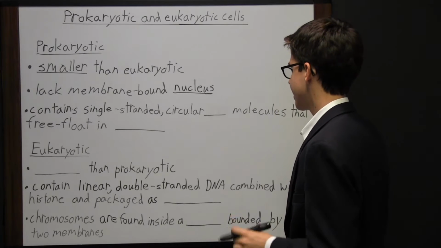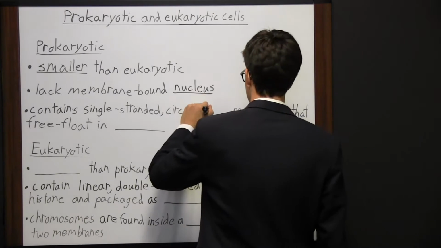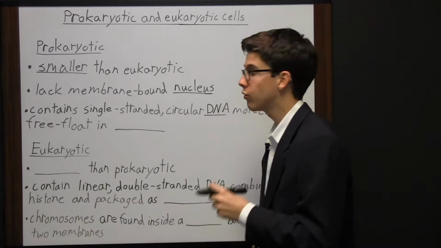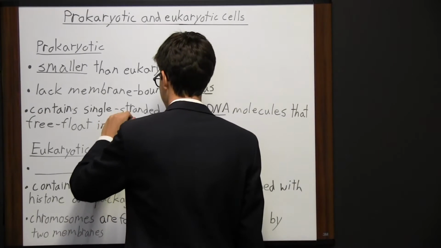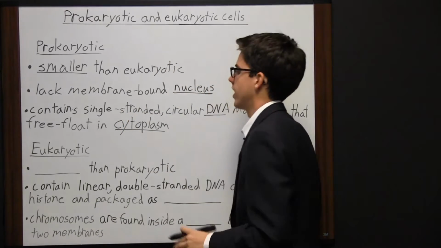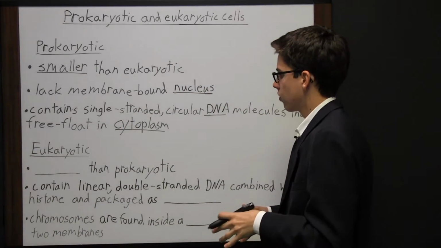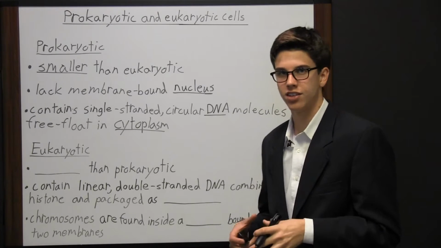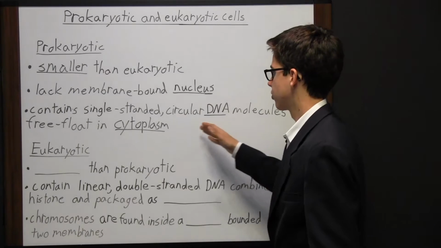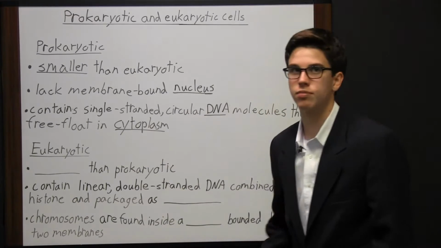Now, they contain single-stranded circular DNA molecules that free float in, you can probably guess, cytoplasm, because cytoplasm is kind of the fluid in a cell that all the other organelles in the cell float around in. So the DNA molecules free float in cytoplasm.